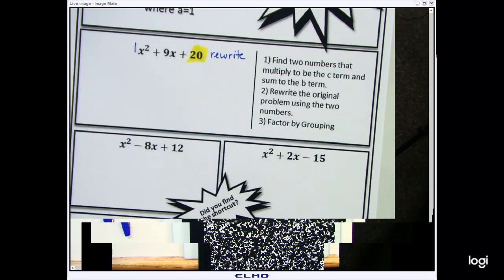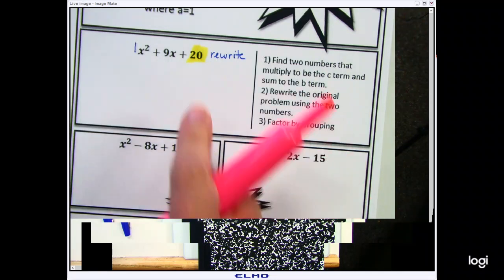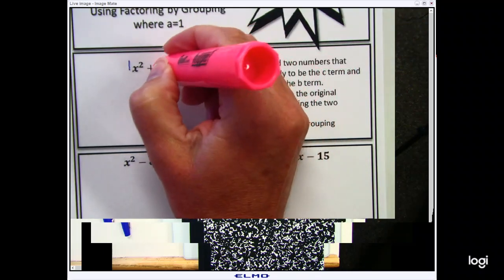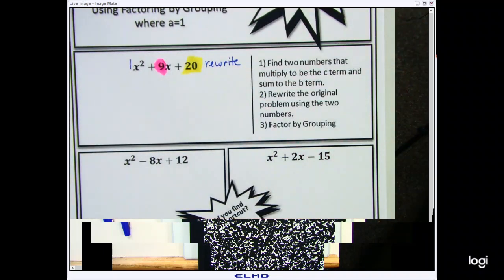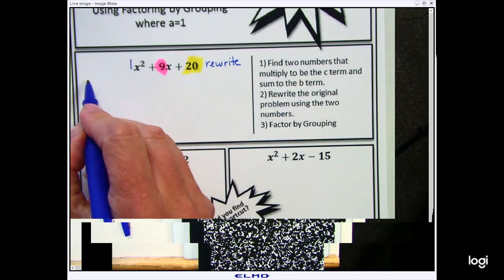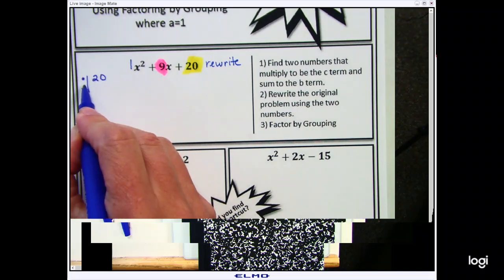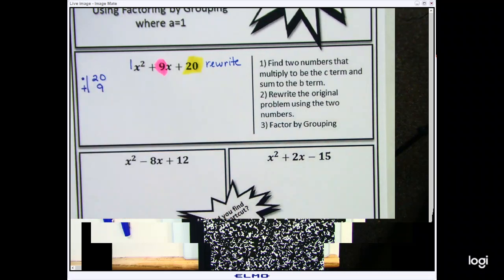We have to do it a little differently if our leading coefficient is something other than 1. So I need to look at this last number and this middle number. I am looking for 2 numbers that when I multiply them, they are 20, but when I add them together, they are 9.